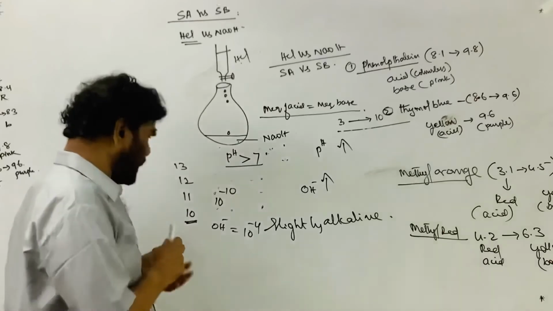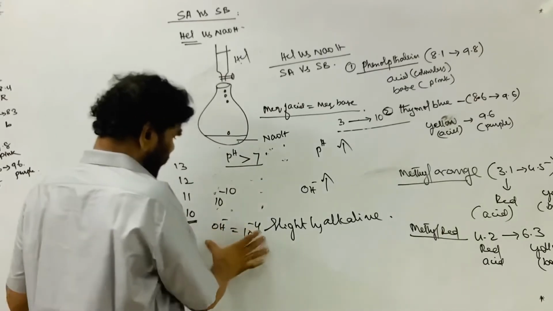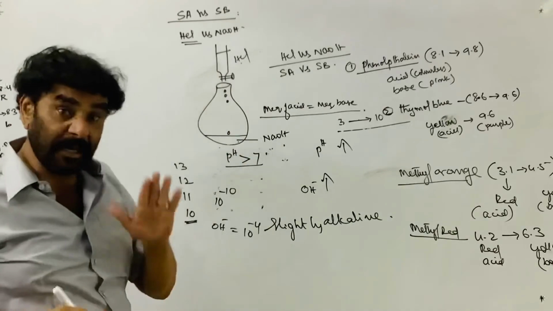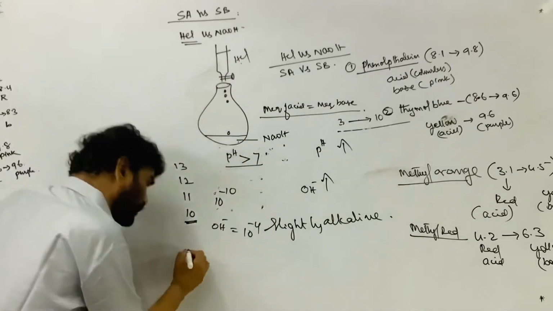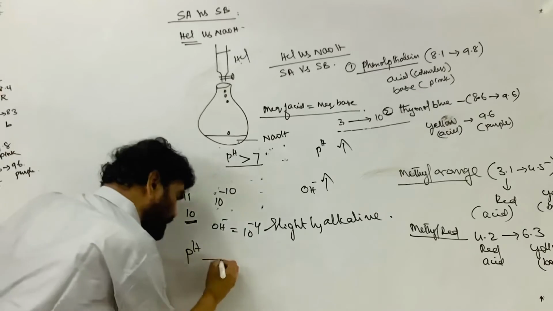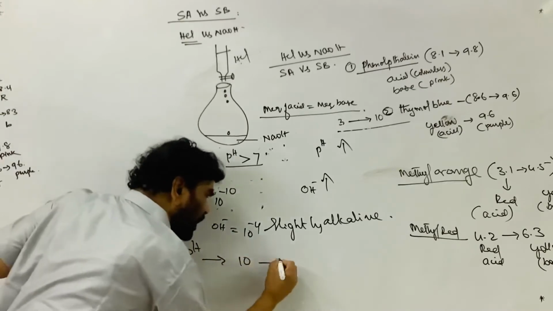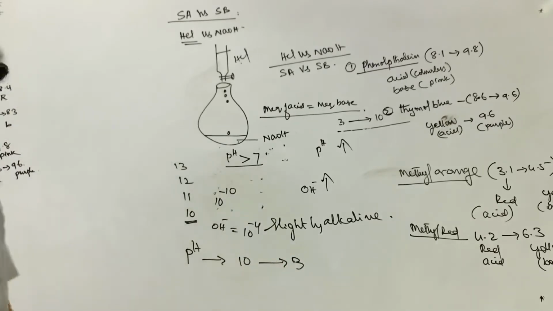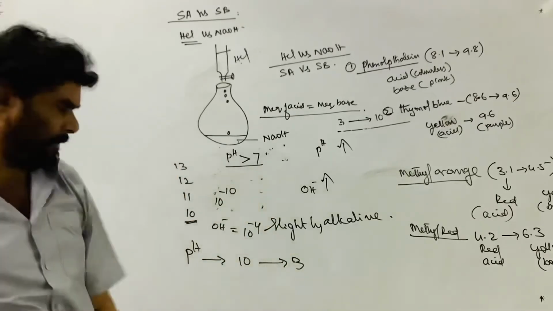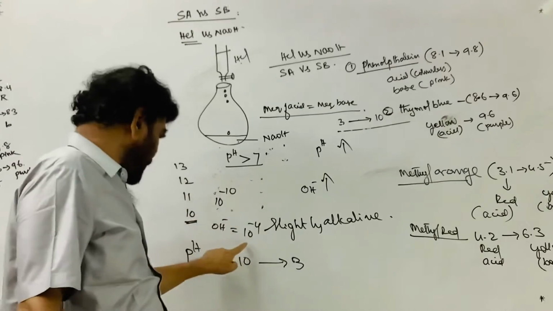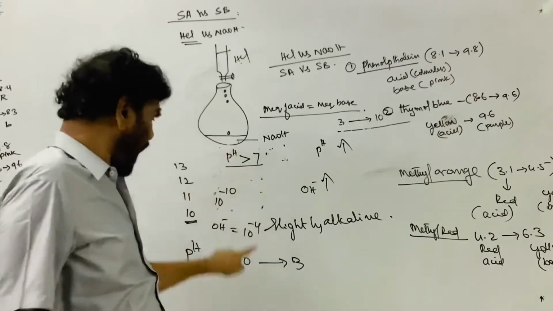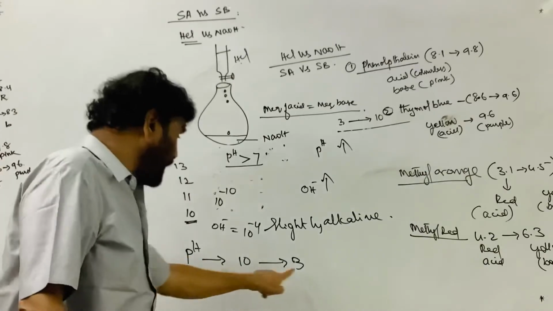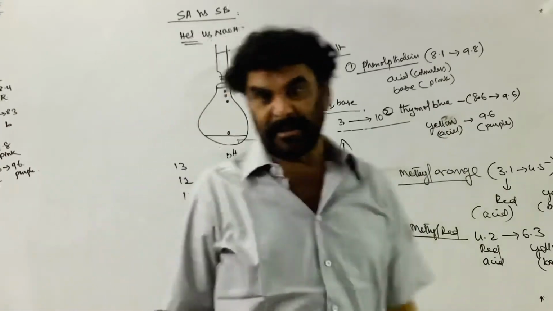If you add one more drop, what happens? The pH decreases from 10 to 3. With a single drop, it neutralizes the excess base present in the system and makes the solution finally acidic, with H plus ion concentration 10 to the power of minus 3.